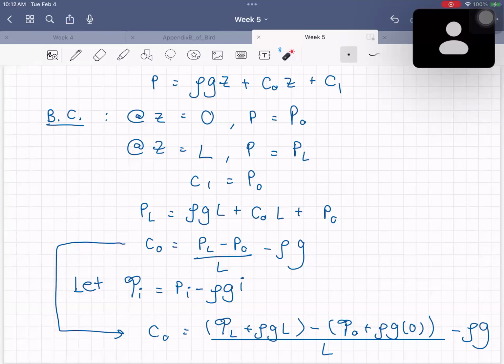Does it make sense? Okay, all right. So I'll move it right here. I'm not going to the next page. So basically C0 will be equal to big PL minus big P0 divided by L. All right. Is that right?